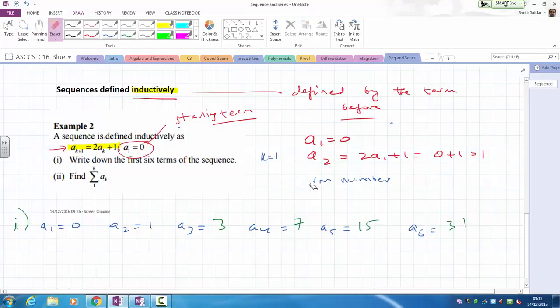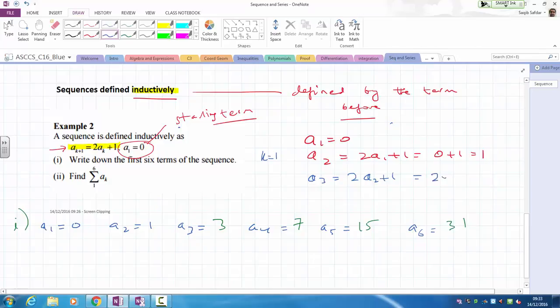What about a3 then? Well, a3, according to this formula, is 2 times the term before it, 2 times a2 plus 1. What does a2 equal? 1.